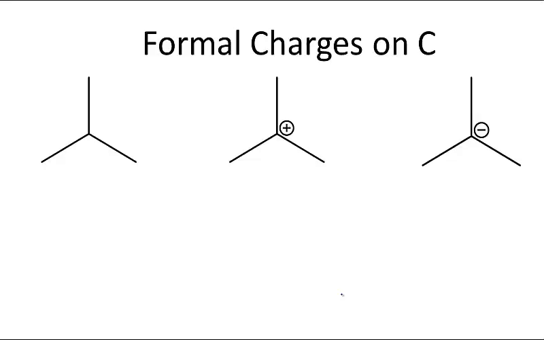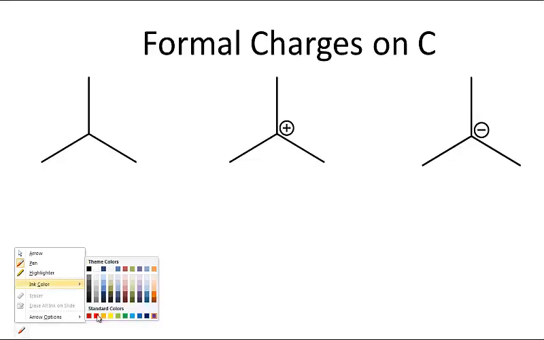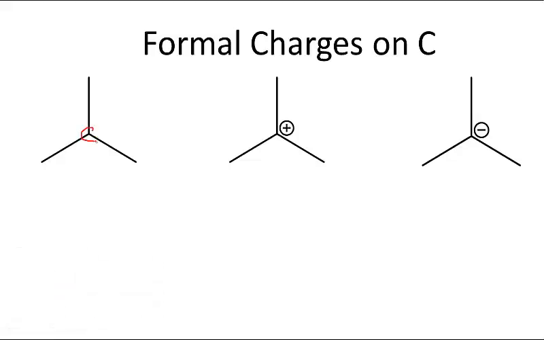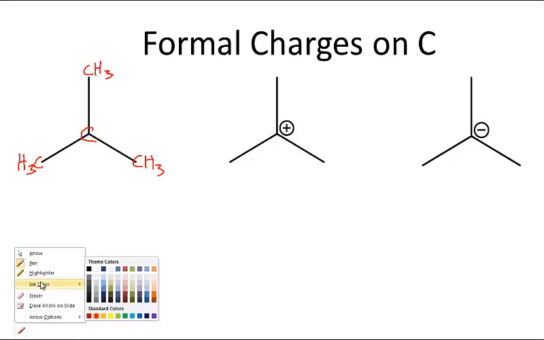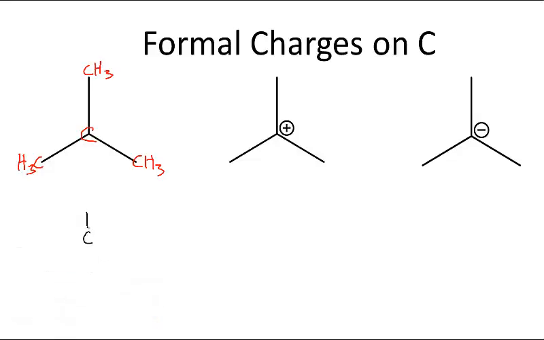If I just saw this structure over here on the left, I would say, okay, I have a carbon in the center, and then 3 CH3s around it. But that carbon only has 3 bonds, so I need to say, oh, it would have a hydrogen bonded to it. So this would look like this, CH, and then the 3 CH3 groups coming off of it.